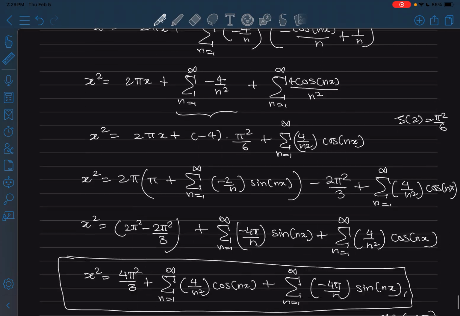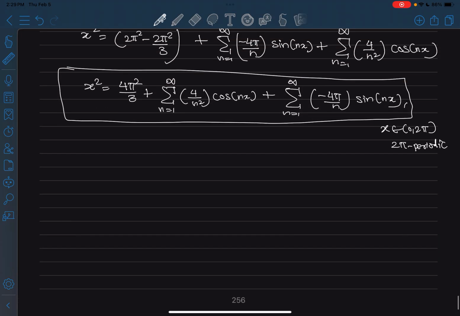So now let's differentiate this and see if we can get the series of x. So we are going to differentiate this, right? If we differentiate the left hand side, we get 2x, and the constant goes to 0.